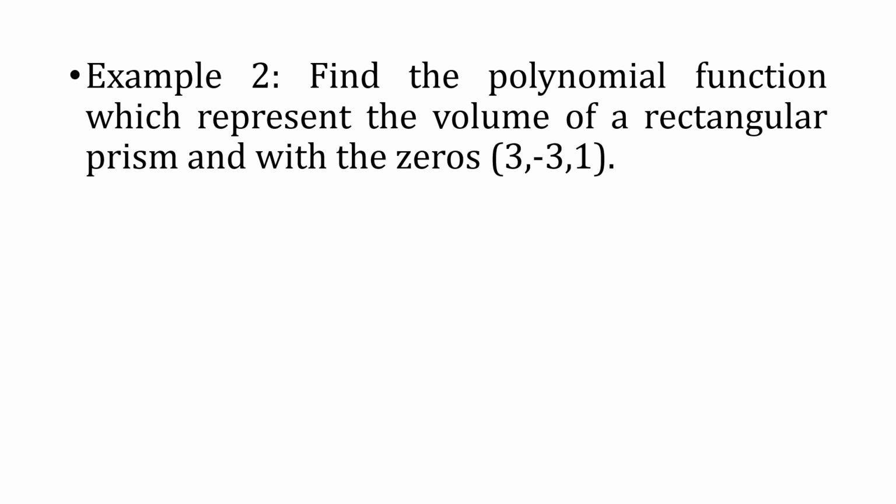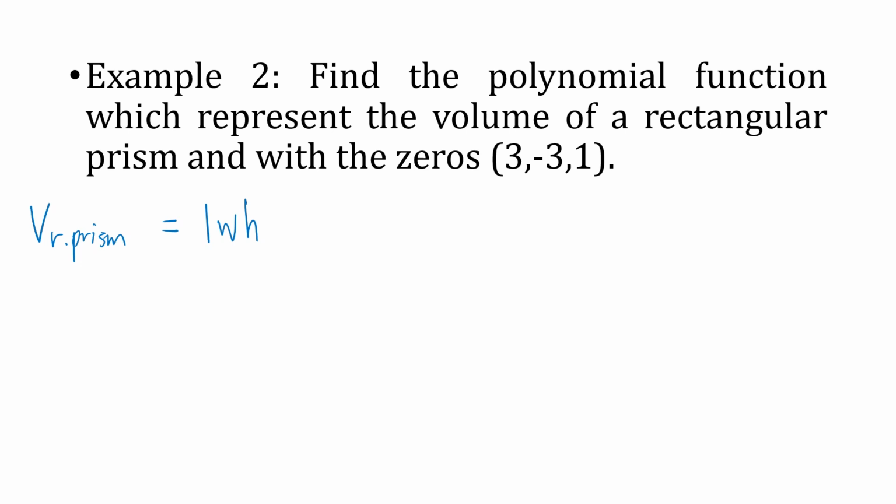The zeros shall be transformed as factors, and these factors will be substituted as the length, width, and height of the prism. So here are the following steps. So we're going to use the appropriate formula from this problem. So we have V sub R prism, rectangular prism, is equal to length times width times height.